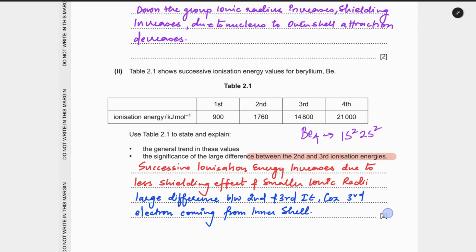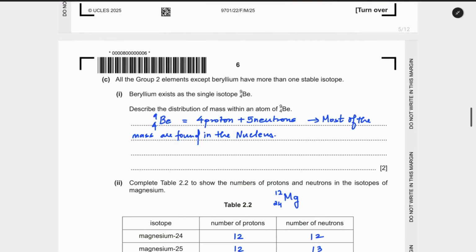Now the next question. All the group 2 elements except beryllium have more than one stable isotope. Beryllium exists as a single isotope, 9 beryllium 4. Describe the distribution of mass within an atom of 9,4 beryllium. When we talk about the distribution of mass, all the mass is distributed in the nucleus, neutrons plus protons, because electrons have negligible mass.